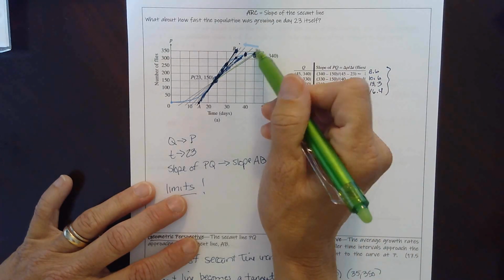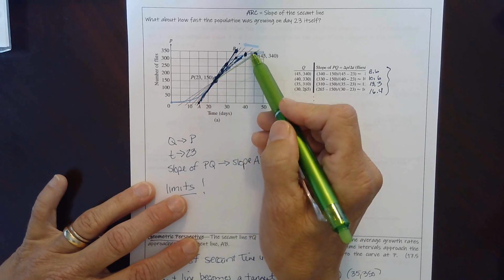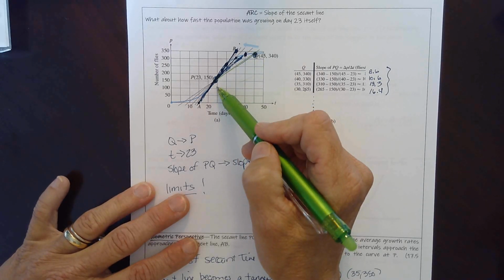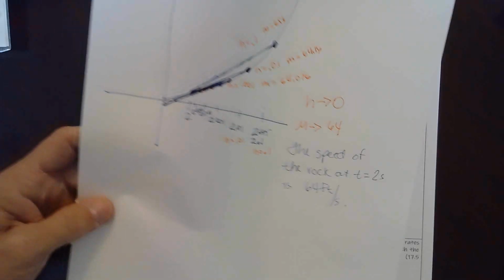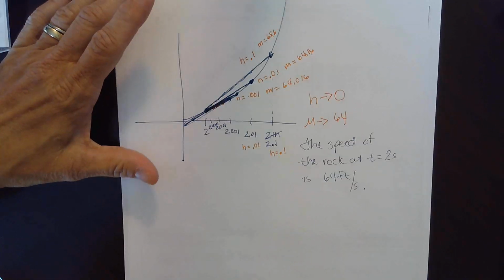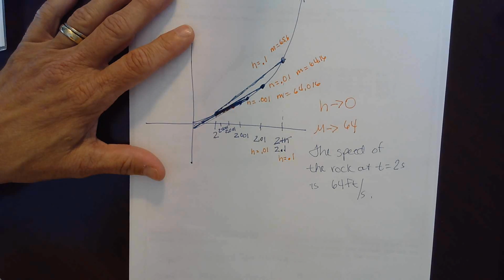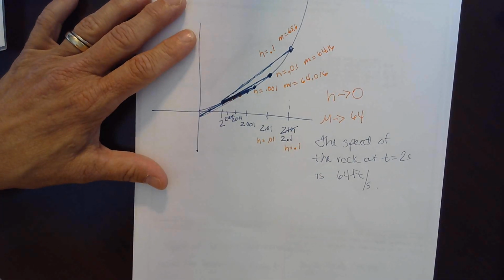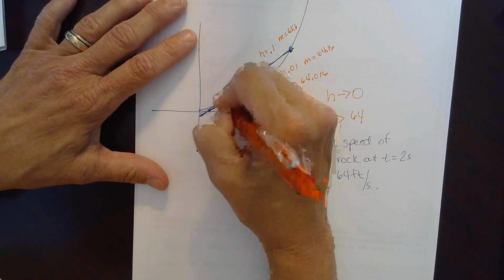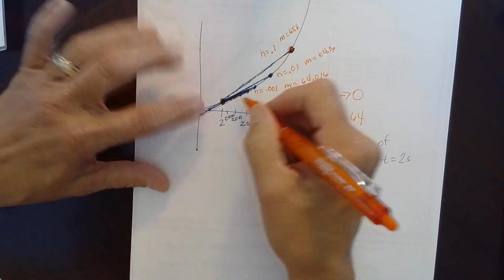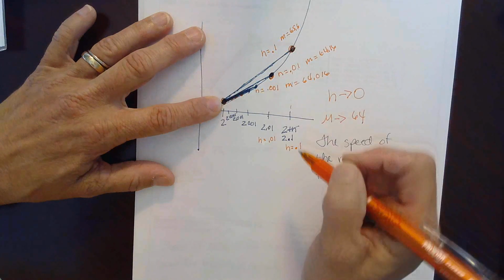Okay, so hopefully that helps you to get a geometric visual perspective of slopes of secant lines ultimately becoming the slope of a tangent line. Let me bring this drawing back in. Okay, so I've drawn all over it again, but here we started with our 2 points, 2 and 2.1. Then we did 2.01.